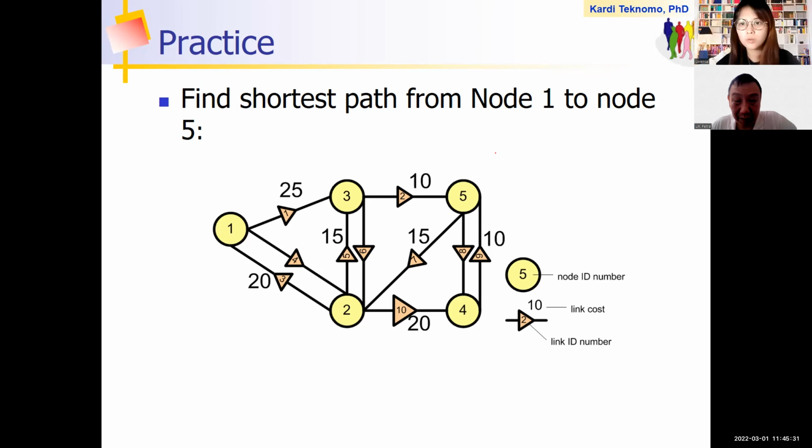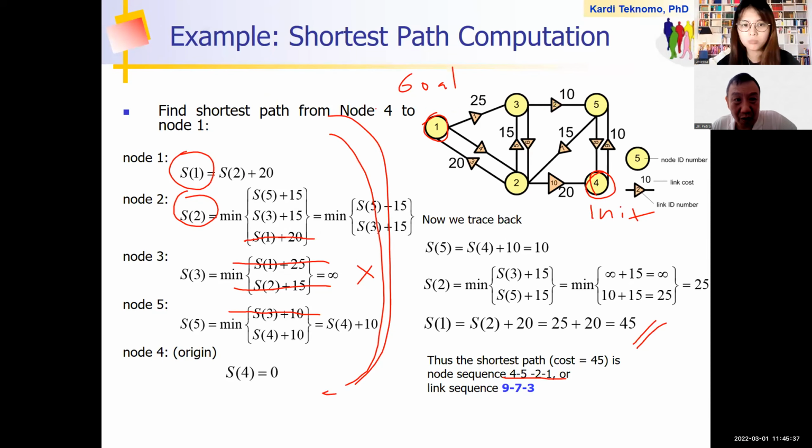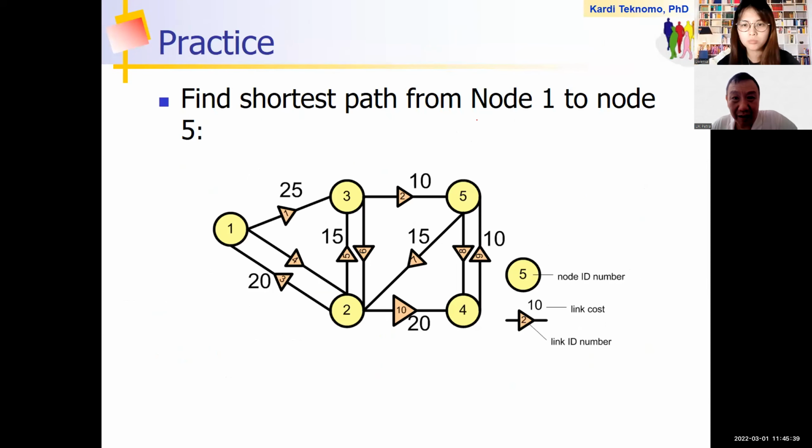So one each. Node 4 to node 1, and node 1 to node 5. We have two problems, one for each of you. You choose. Livy, you choose first this time.